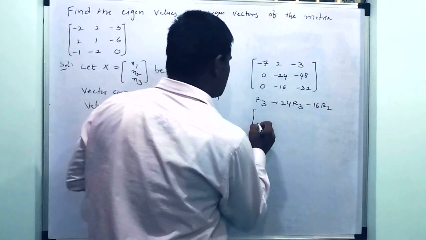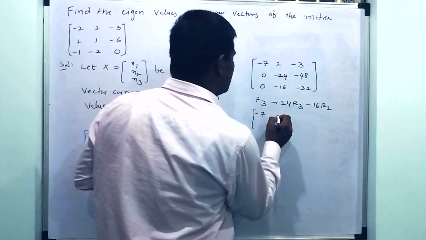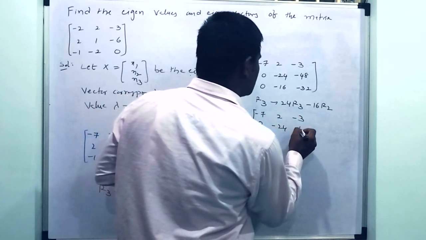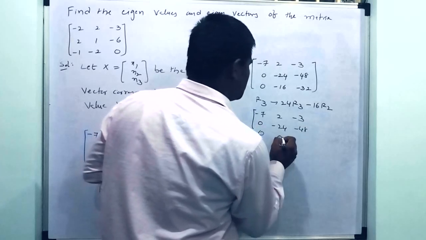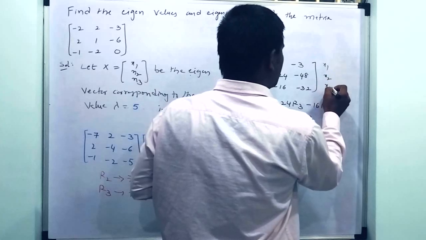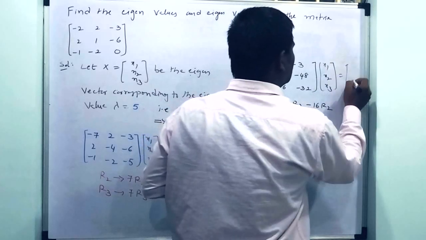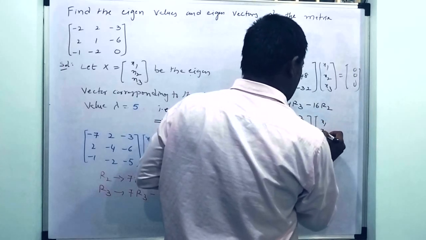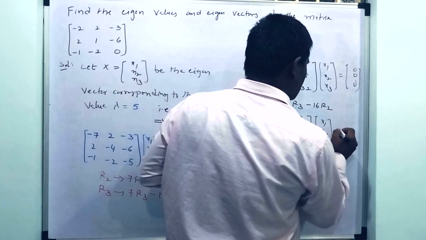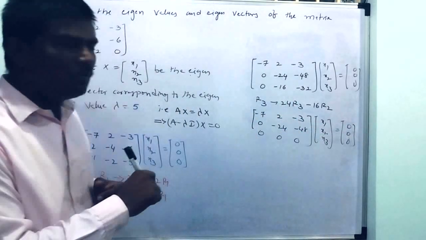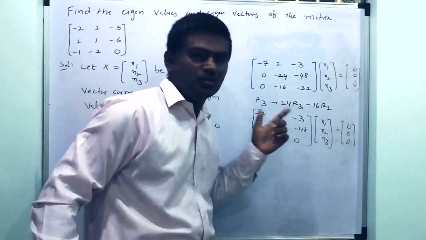Then this becomes 7 minus 7, 2 minus 3, 0 minus 24 minus 48, 0 0 0, into x1, x2, x3 equal to 0, 0, 0. Now the rank is 2.